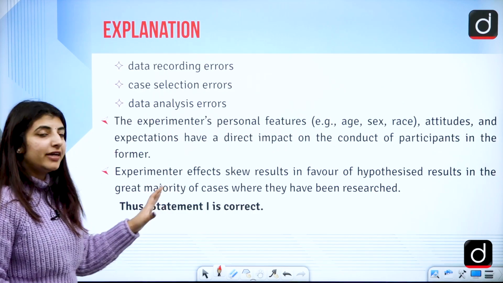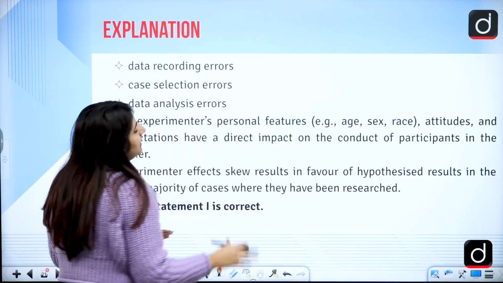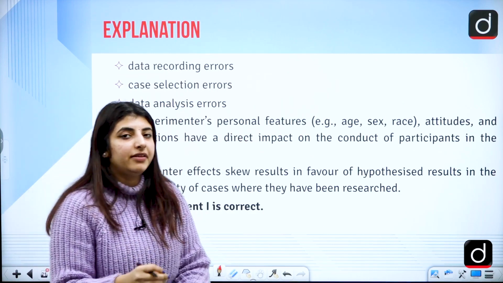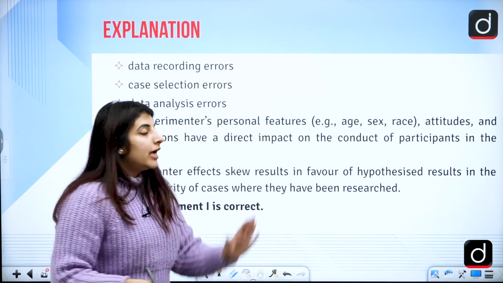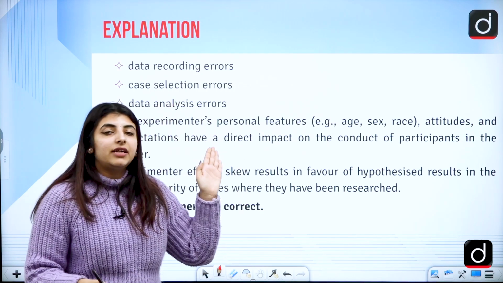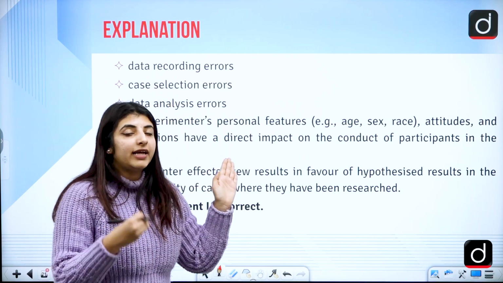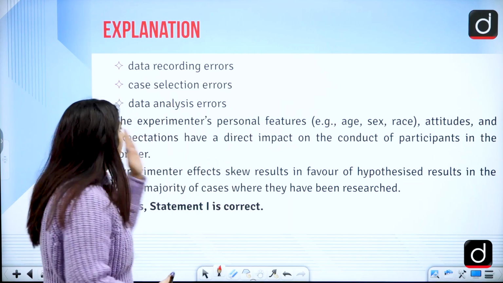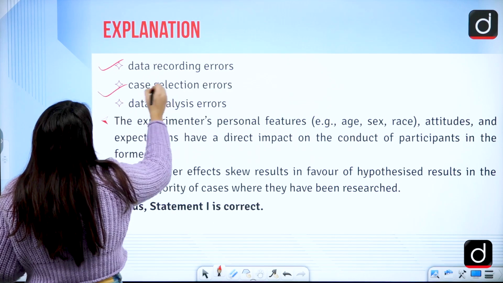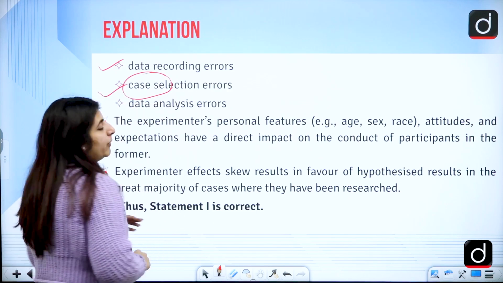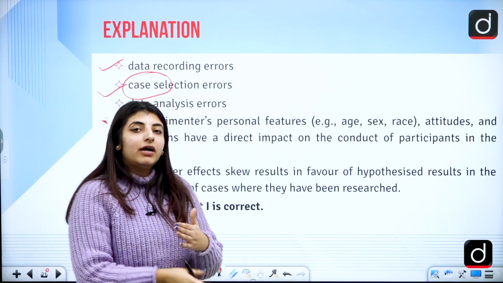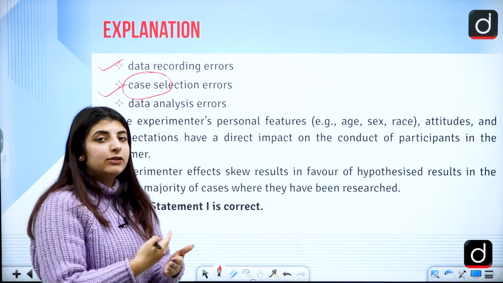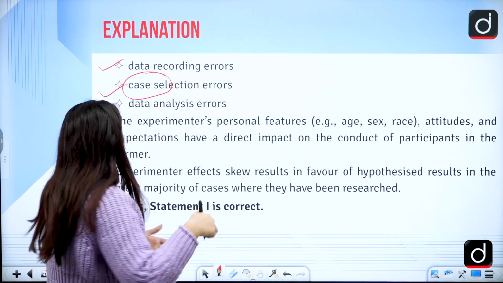Coming to data recording errors, even if all the participants are given the medicine, the experimenter, because he is biased, he is not being objective there, he is recording the data based on his own experiences, his own beliefs. Case selection errors, that he is selecting only the population that he wants to study, which he knows will suit the type of research that he is conducting.